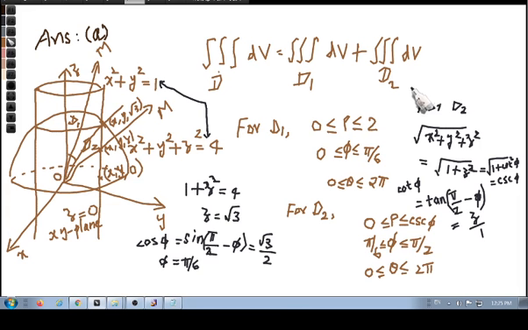So what I will get? Integral theta varies from 0 to 2 pi, integral phi varies from pi by 6 to pi by 2, and integral rho varies from 0 to cosec phi, rho square sine phi d rho d phi d theta. That will be this.